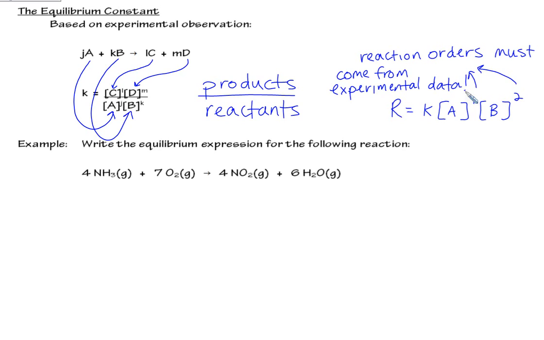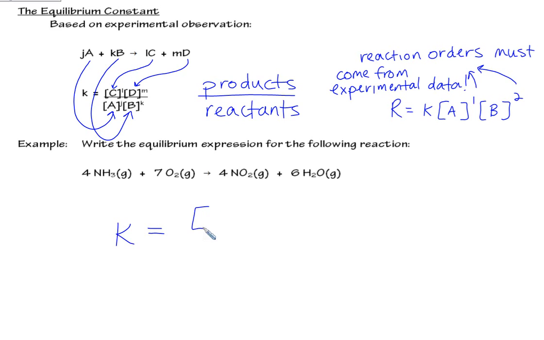This equilibrium setup looks so similar. You've got the concentration of your reactants and your products, and it's got these little exponents, but now the exponents are from the balanced equation. This is so much easier. You don't need any kind of data. So for example, if I wanted to write the equilibrium expression, I'd say K equals the expression for the equilibrium constant.